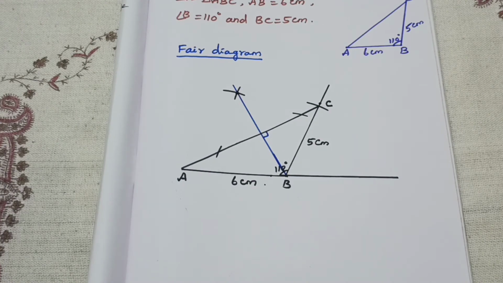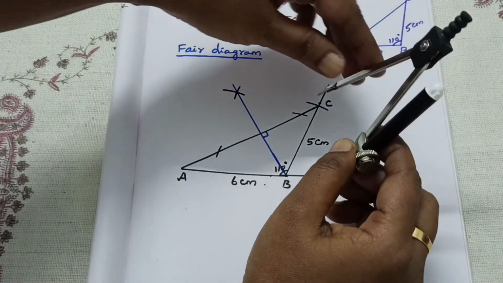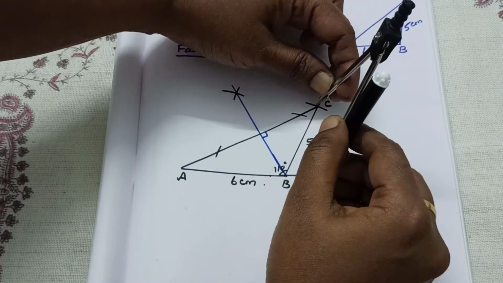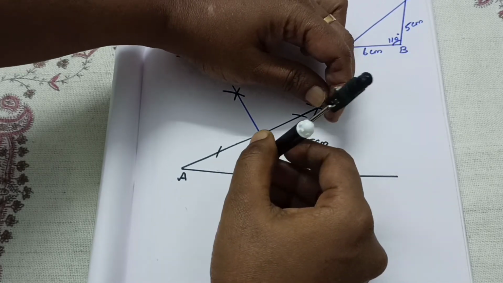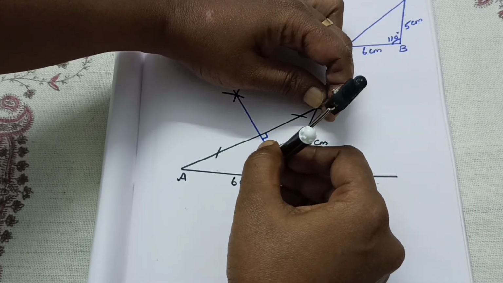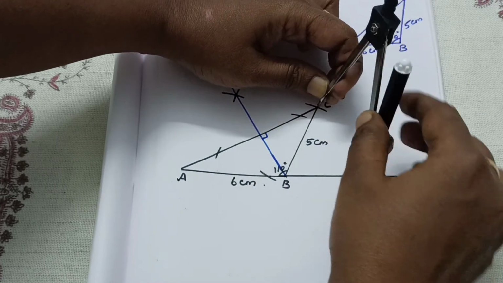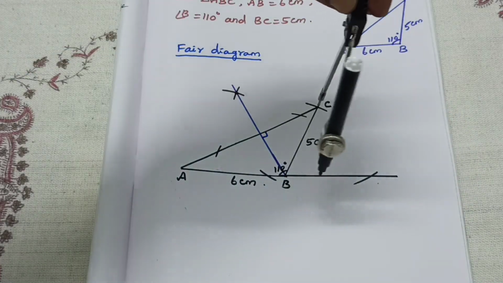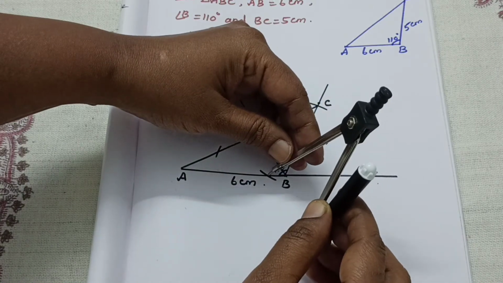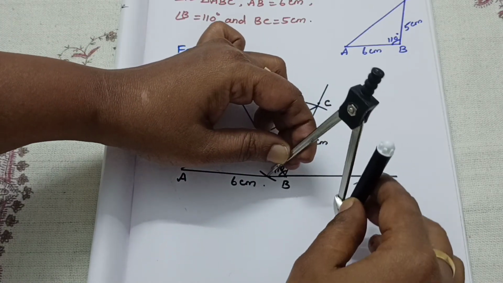Then afterwards, from C we have to draw two arcs on the opposite side. Like this, two arcs. With the same measurement, keep it at this point and draw the arc.